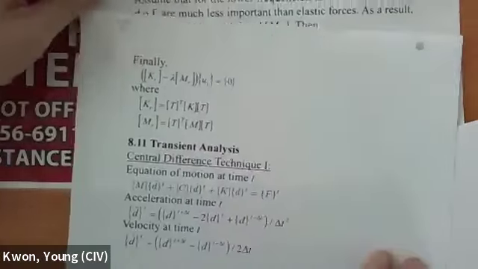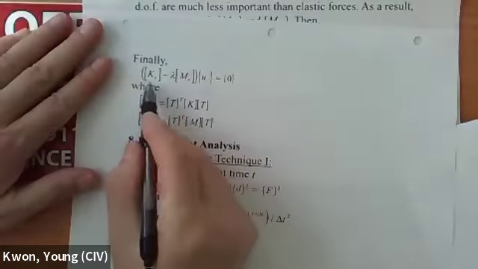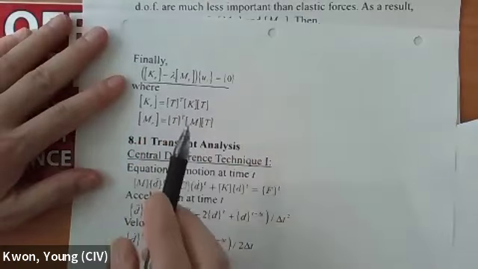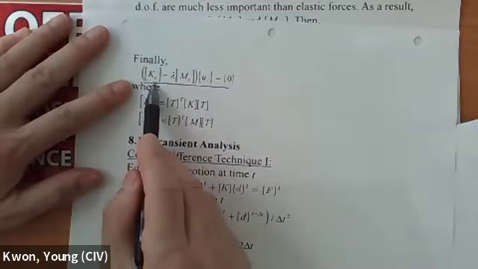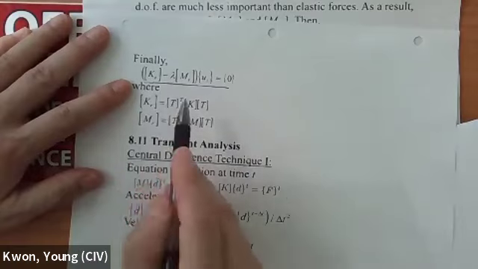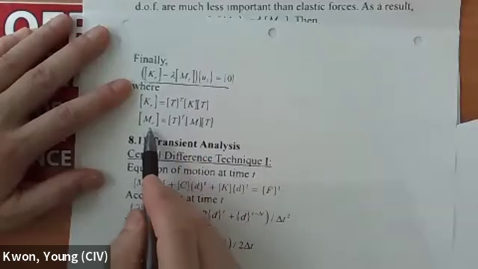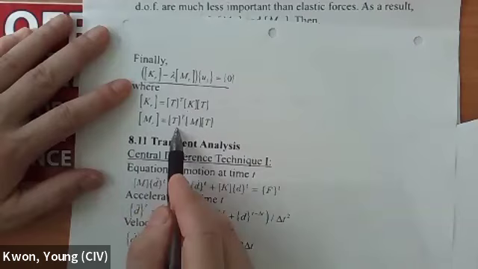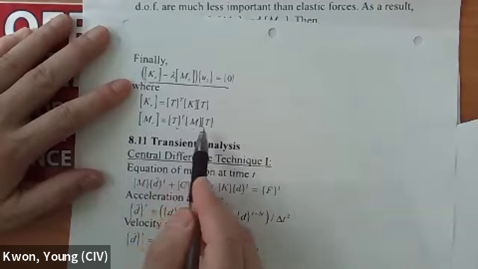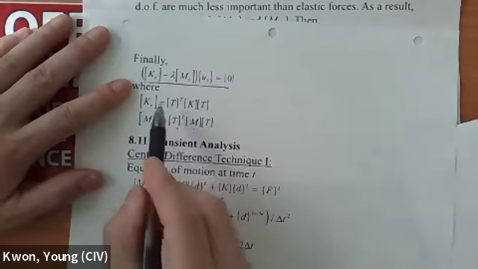Then your reduced dynamic equation is going to be: your reduced stiffness matrix is T transpose times the original K matrix times T. And also T transpose times M times T, it comes from here, okay?